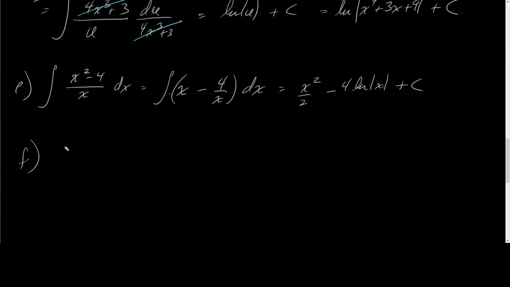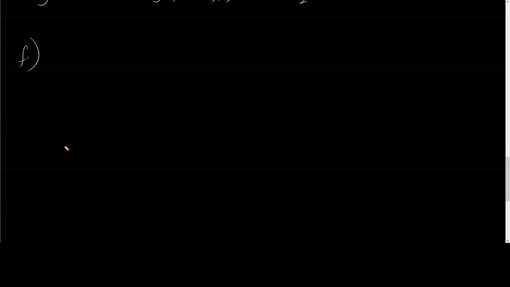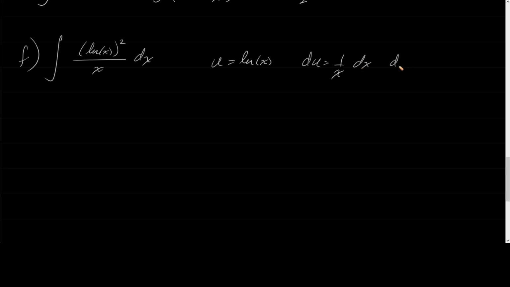So f. Let's say we have the integral of (ln of x) squared over x dx. Well, in here, if I let u be equal to ln of x, then du would be 1 over x dx, so that dx is equal to x du. At that point, this integral becomes, well, ln of x, that was my substitution, so I have u squared.